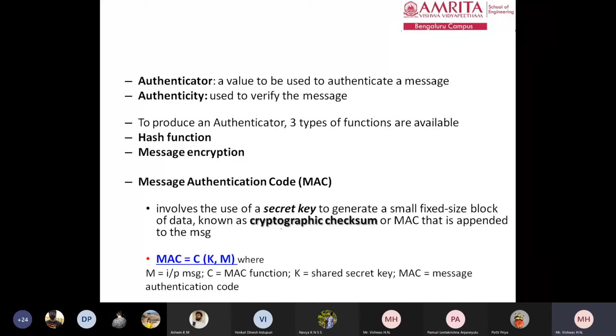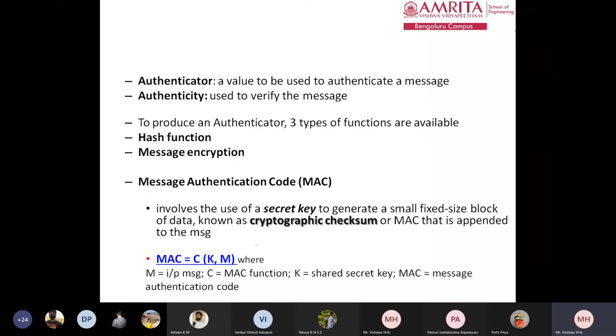So you have the data. For that data, using the key, you will generate a cryptographic checksum. Is that clear? That is called message authentication code. That is actually appended with the message.